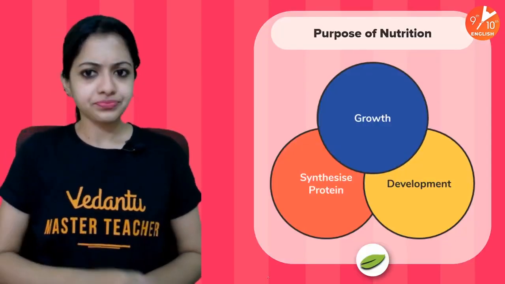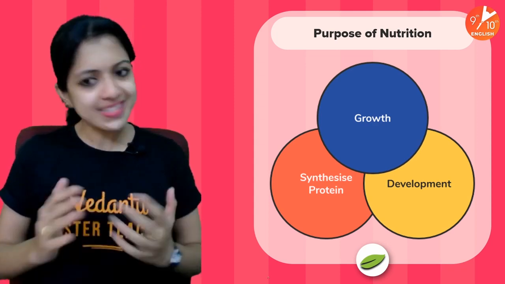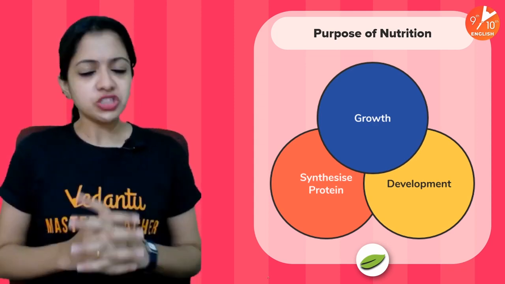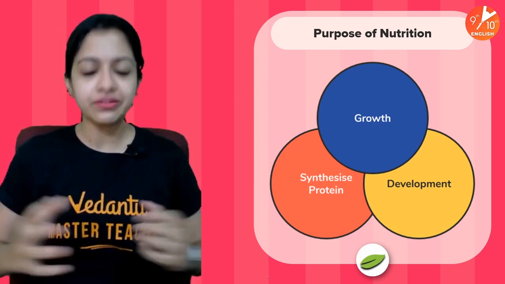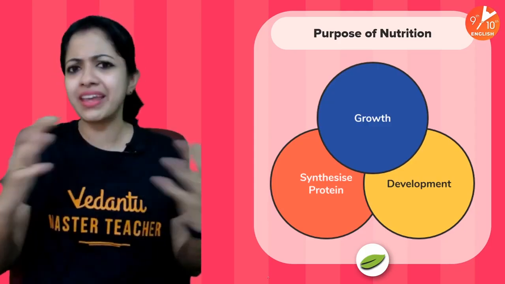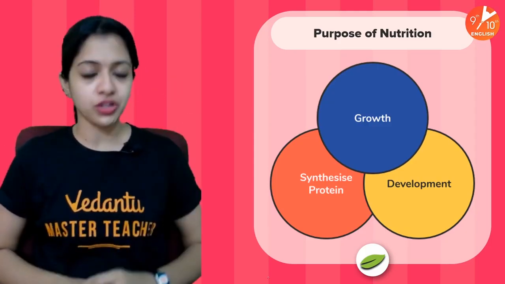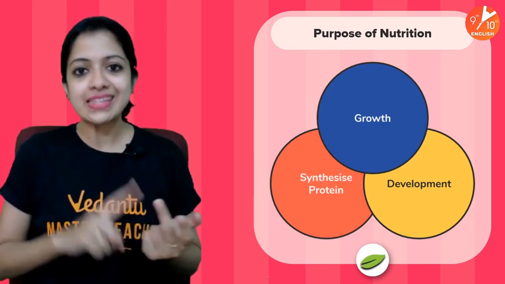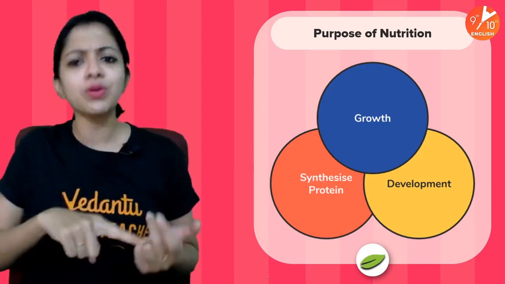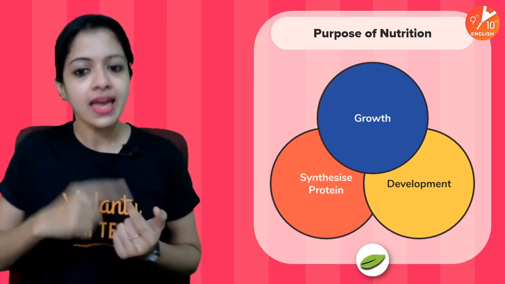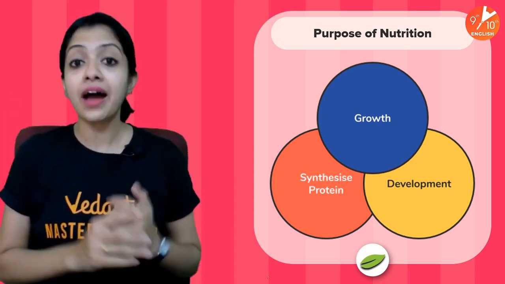Okay, so the purpose of nutrition, starting with that. Well, nutrition is required for all living organisms, be it a plant, animal, or any living organism, for three major things: growth, development, and protein synthesis. Rather, protein synthesis, growth, and development. If you think about it, all of these three are interrelated.